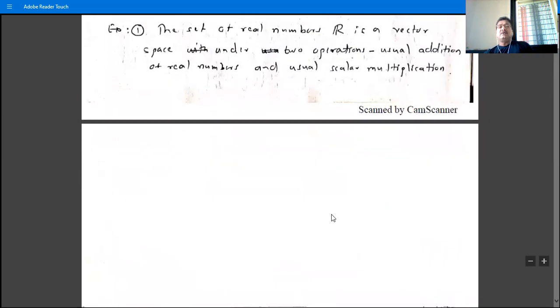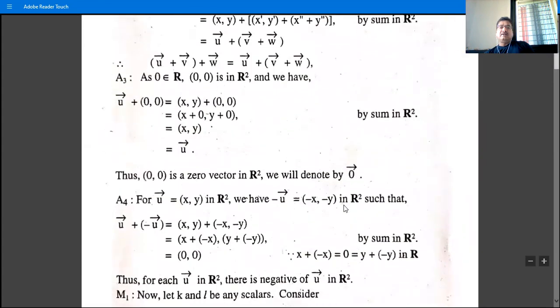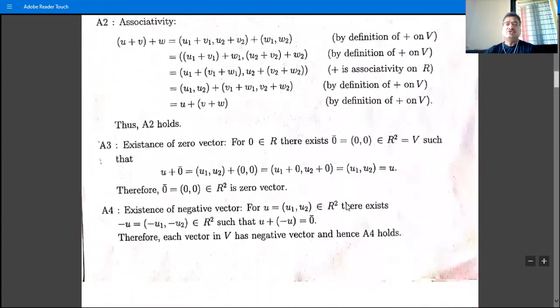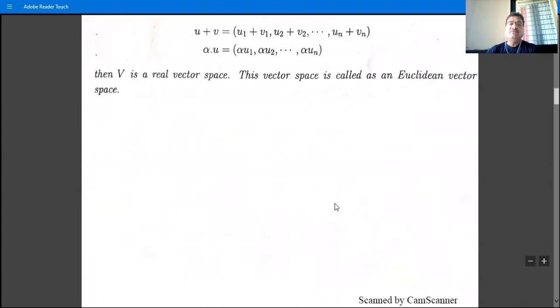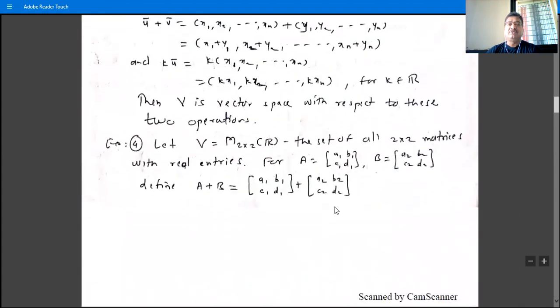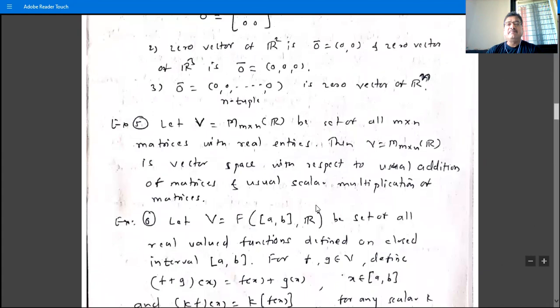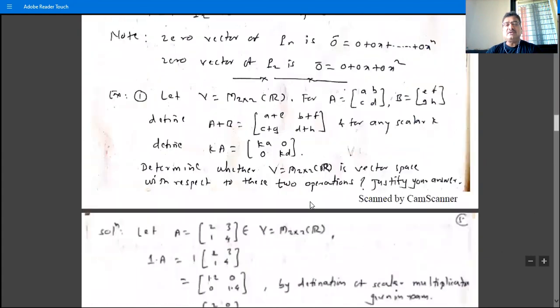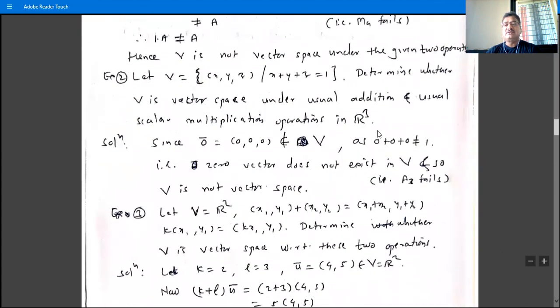And what is the zero vector in this set V? It is (0, 0, 0), the three-tuple. And this element does not exist in the set V, because its addition 0 plus 0 plus 0 is not equal to 1. So 0 bar does not exist in this set, and therefore property A3 fails. Therefore we say the zero vector does not exist in V, and so V is not a vector space.